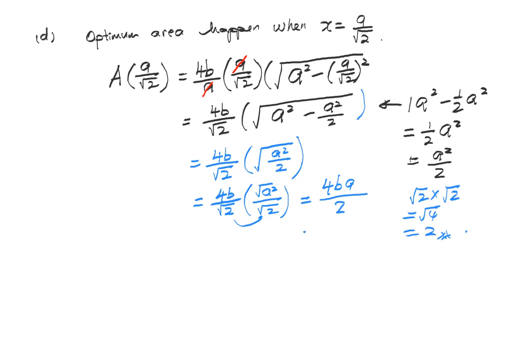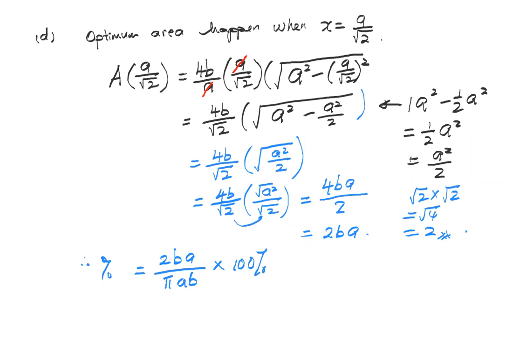So this is 2ba. So therefore, the percentage will be 2ba divided by the area of the ellipse, which is pi ab, times 100%.